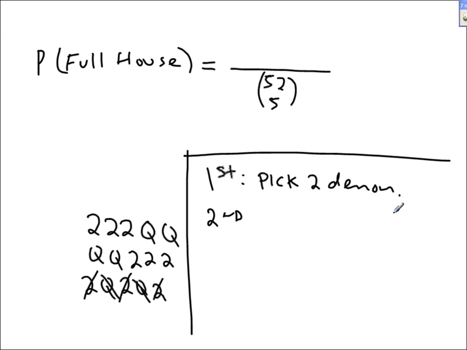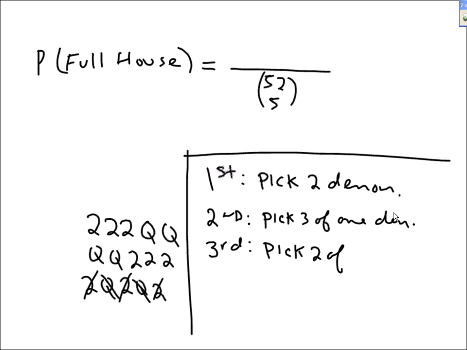The second thing is you need to pick 3 of one denomination. And the third thing you need to do is pick 2 from the other denomination.